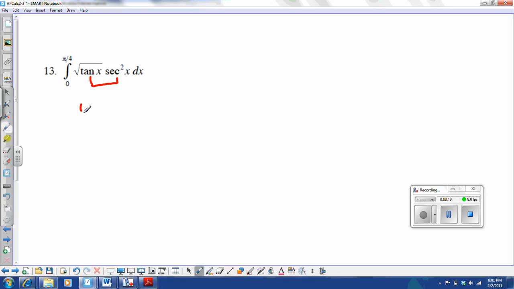Here's where it helps to know your derivative rules. The derivative of tangent is secant squared. So if we let u equal tangent of x, then du is going to equal secant squared.